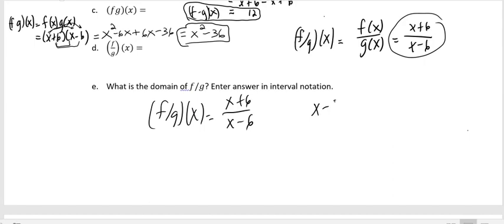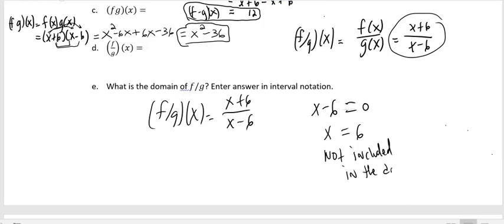What we do is take the denominator and set it equal to 0. If I add 6 on both sides, then I get x is equal to 6. So this number is not included in the domain. Why? Because if you put a 6 here, you would end up with 6 minus 6, which is 0, and we can't divide by 0.